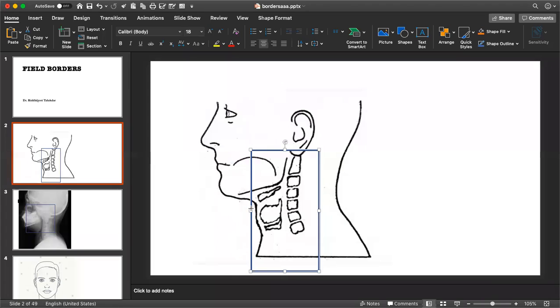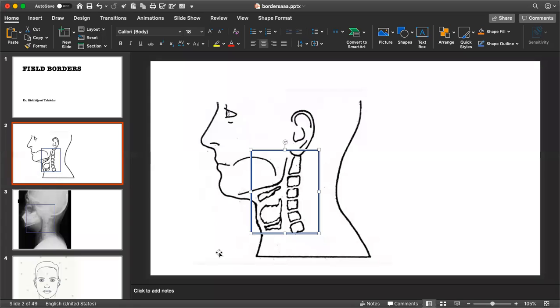And again, your inferior border would be depending on how you want to treat the patient. If you want to use just lateral beams, you can pull your inferior border down to the level where neck meets shoulder, or you can put it somewhere at the lower border of cricoid, or if you want to use a low anterior neck field.